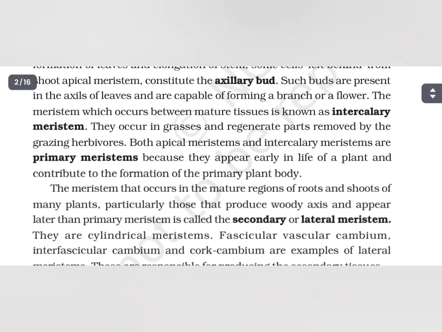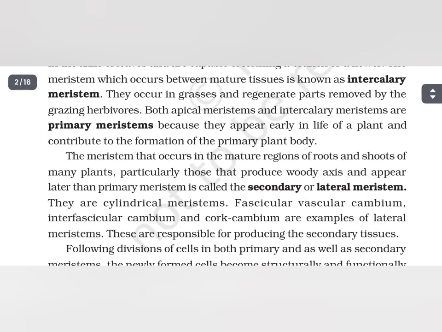Both apical meristems and intercalary meristems are primary meristems because they appear early in the life of a plant and contribute to the formation of the primary plant body. The meristem that occurs in the mature regions of roots and shoots of many plants, particularly those that produce woody axes, and appears later than primary meristem, is called the secondary or lateral meristem.